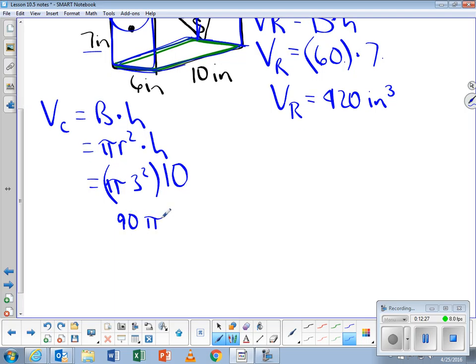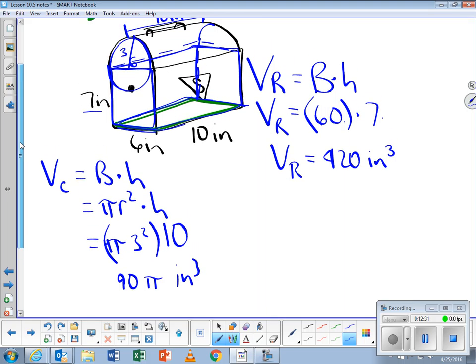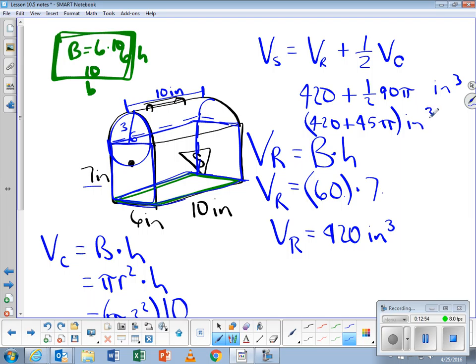And so then if we go back up here, inches cubed. If we go back up here, we found this to be 420 plus this, which is half of 90 pi. And so that gives me 420 plus 45 pi inches cubed.